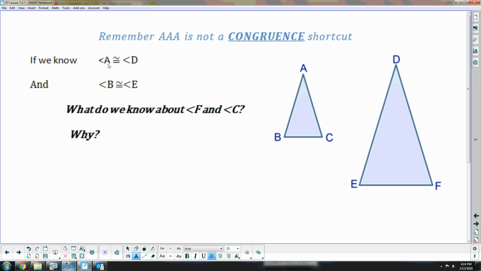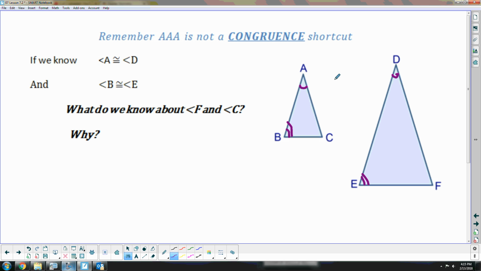And actually, if we have an angle congruent to an angle, so if A is congruent to D, for example, and then we have another angle, B is congruent to E. First of all, just looking at this triangle, they do not look congruent.